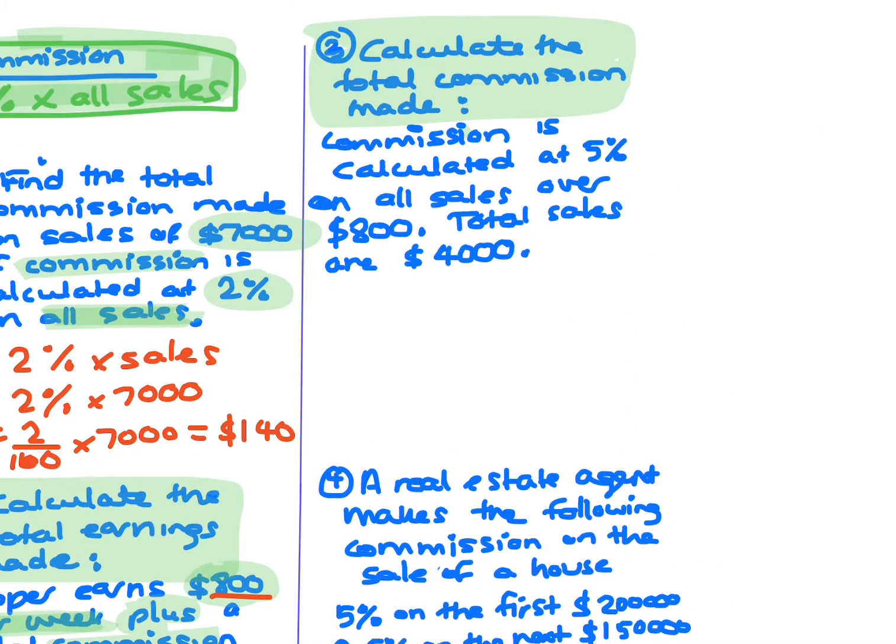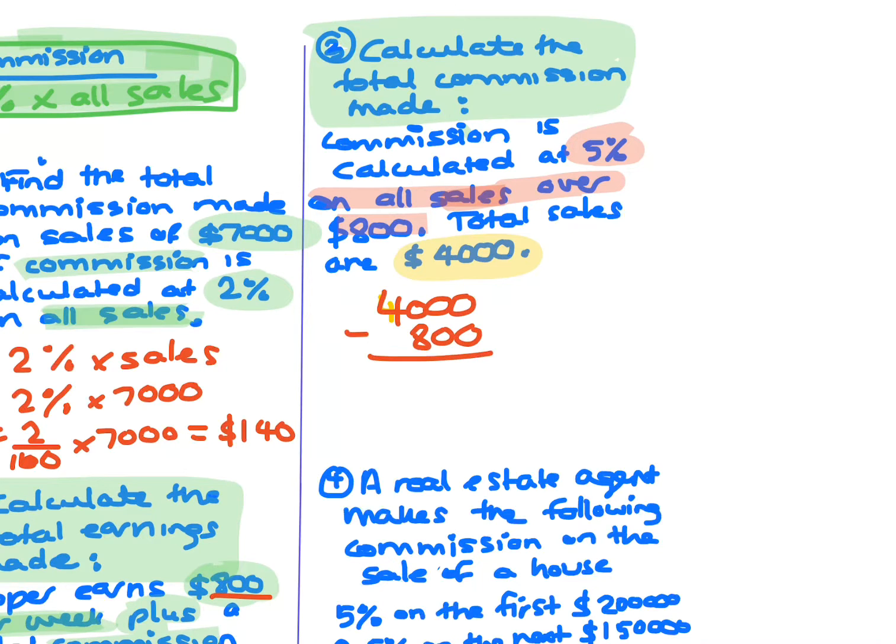Okay, so if we look at the next one, you get 5% on the sales that are over 800, so only the ones that are over 800. And the total sales are 4,000. So what is your commission? Let's first get the 4,000 and work out how much money is over 800.